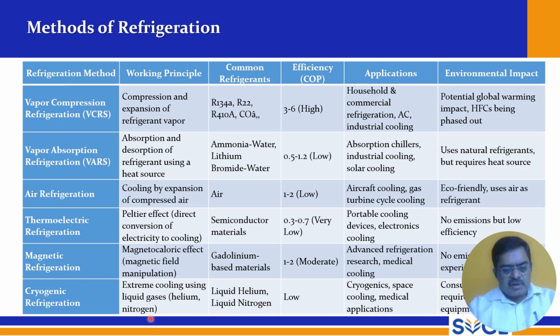Let me introduce here the refrigeration methods: vapor compression, vapor absorption, air refrigeration, thermoelectric refrigeration, magnetic refrigeration, and cryogenic refrigeration system. The working principle in vapor compression is compression and expansion of refrigerant vapor, whereas in the vapor absorption system, it is absorption and desorption of refrigerant using a heat source, and in air refrigeration, cooling by expansion of compressed air.